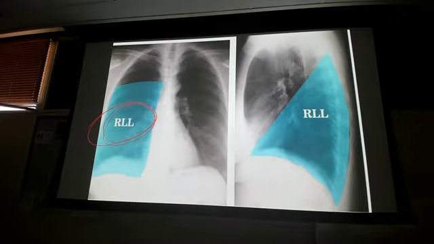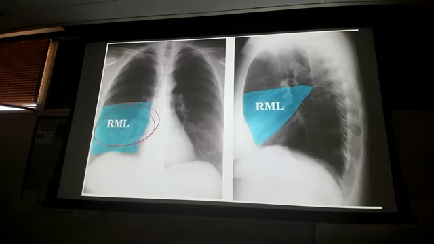What I would say is when you see that and you know it's down there, go to your lateral and focus in on this area first. Do I see my abnormality in this area? If I do, I'm done. Right lower lobe. If I don't, then I'm going to jump into looking deeper into this area, because it can be hard to find on the lateral because that heart is sitting there. So that was my trick.